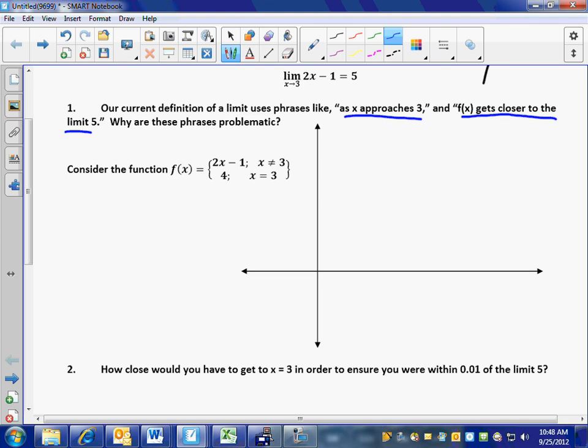So the reason why this is problematic is this: when are we truly close enough to say, you know what, it's definitely going to be at 5?